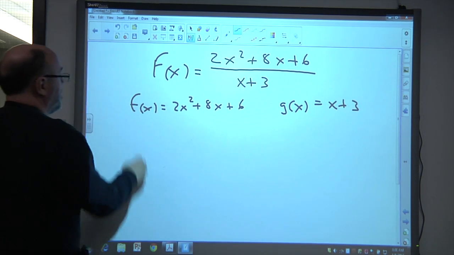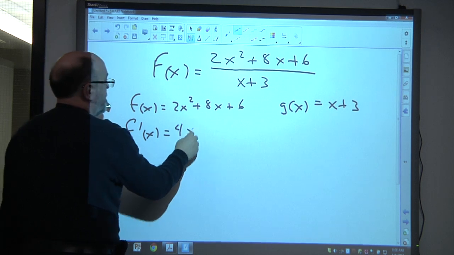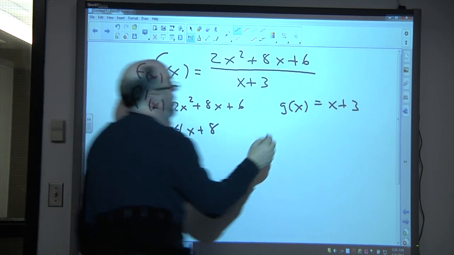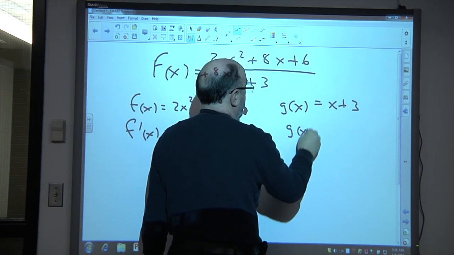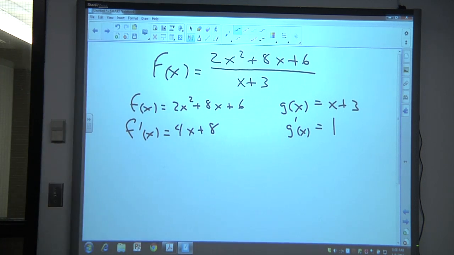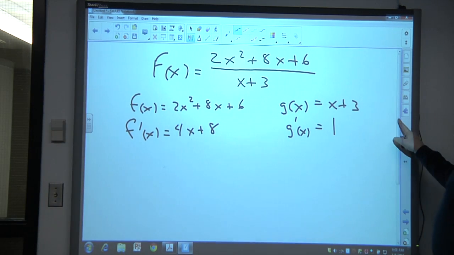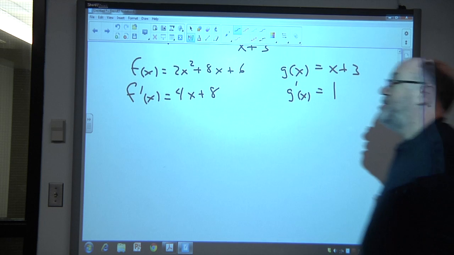The derivative of the top is going to be 4x plus 8. And then the derivative of the bottom is just going to be 1. So we have all the pieces. Now the next thing is to plug it into the format for my quotient rule.